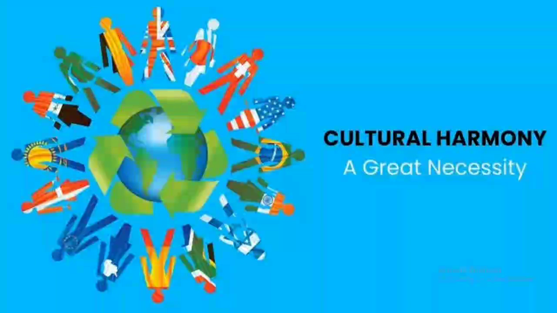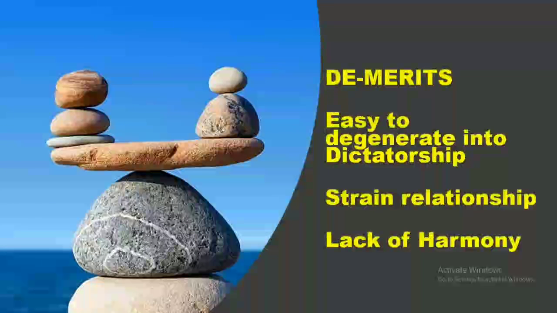We should put an end to the demerits with cultural harmony, because it is a necessity for a democratic country. With cultural harmony only, the country can shine and develop in its own importance. So we have to put out the demerits. Before that, we'll see what a demerit is.